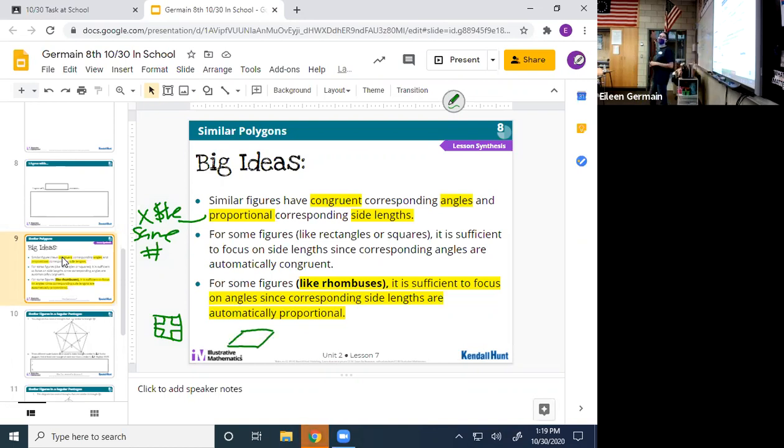It's sufficient to focus on the angles since the corresponding side lengths are automatically proportional. So if you have two rhombuses, you don't need to worry about the side lengths on the rhombuses. You just need to make sure that the angle measures match up.